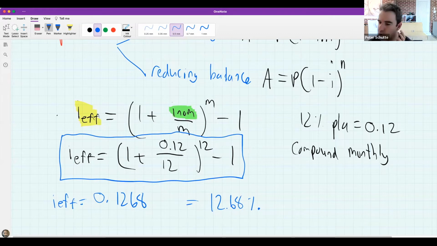Because the quoted rate was 12% and the effective rate ended up being more than 12%. Anybody have an idea? Pop it in the chat or raise your hand. So what happens is with compound interest, you get something called interest. Oh, Lee, let's go to you. What do you think, Lee?